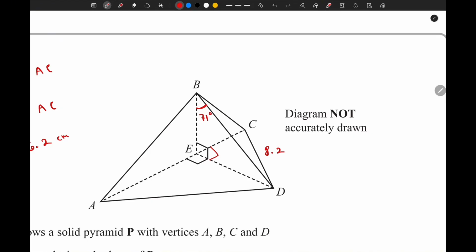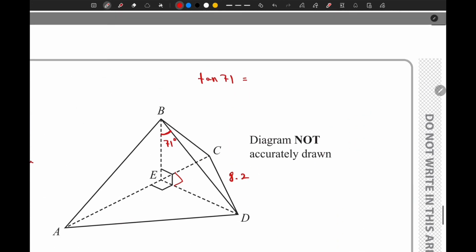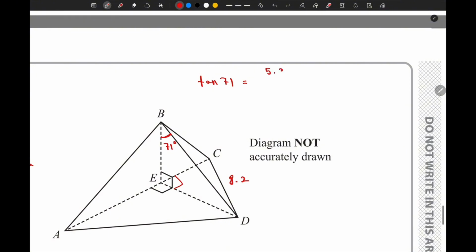So the length EB can be written as tan 71 equals ED, which is 5.37, divided by EB. So EB is equal to about 5.37 divided by tan 71, which is around 1.849 centimeters.